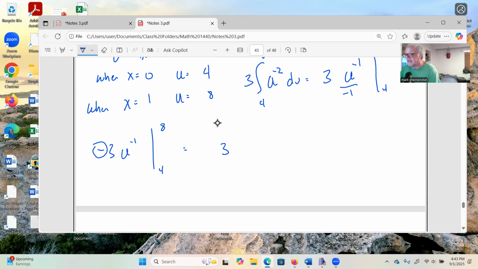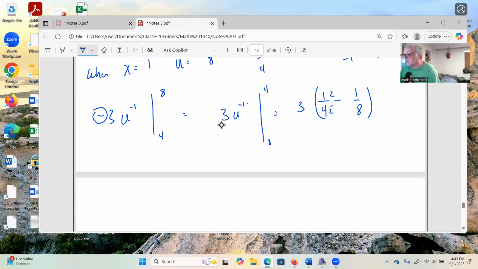I'm going to say this is 3 u to the negative 1 and go from 8 to 4. Right? When I swap the negative sign, that changes my limits of integration. So this is going to be 3 times 1 over 4, that's 4 to the negative 1, minus 1 over 8. That's 8 to the negative 1. And we'll figure that out. Okay? You have to get common denominators here. So that's going to be 2 over 2 here.